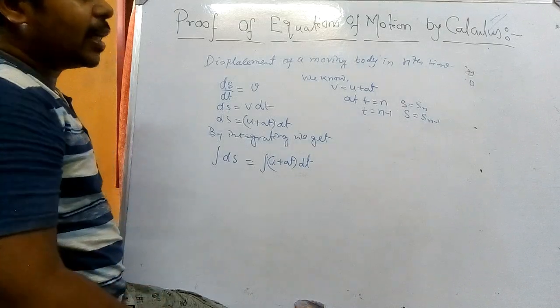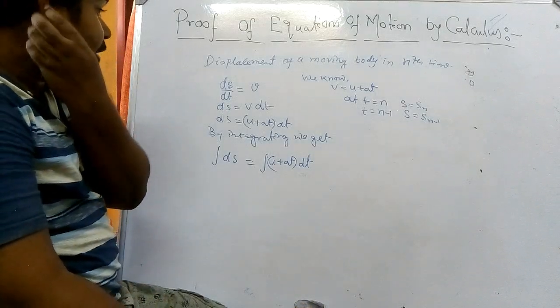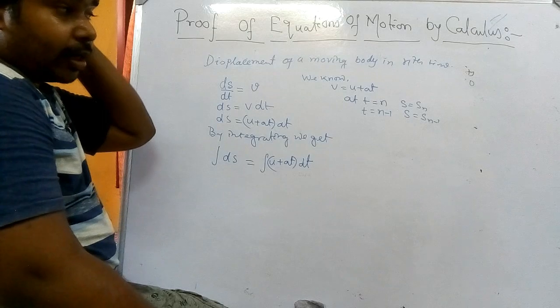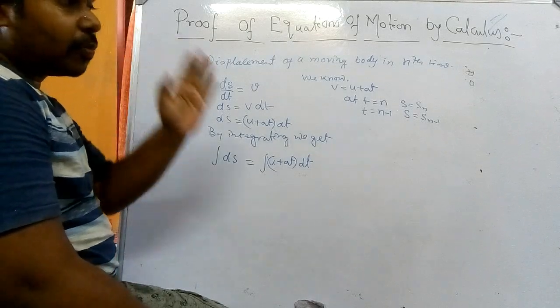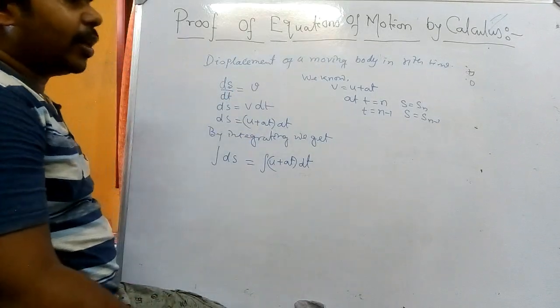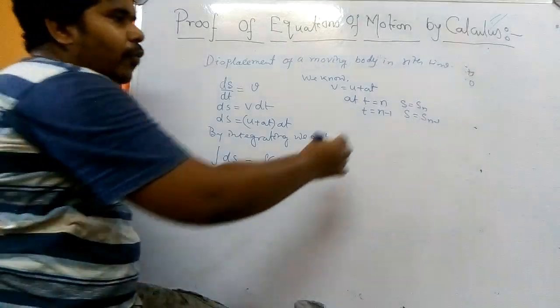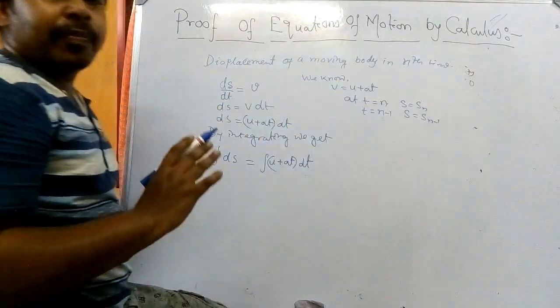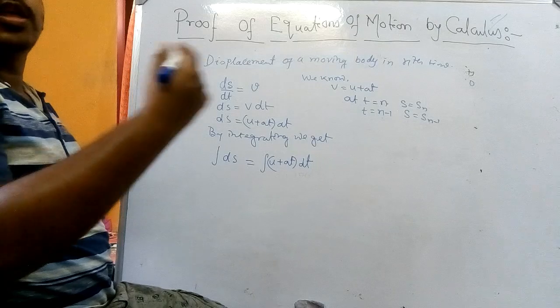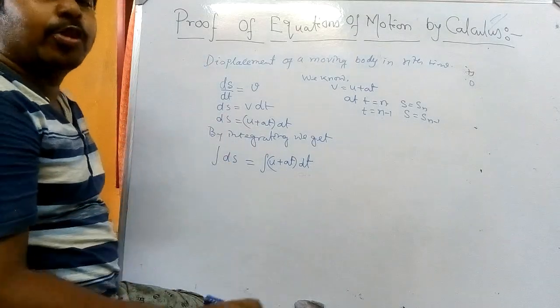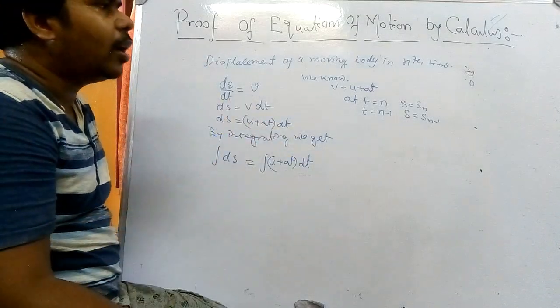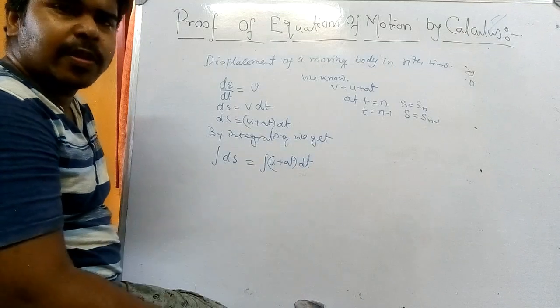So at time n, displacement should be sn, and at time n minus 1, displacement should be s of n minus 1. We want to find from n minus 1 to n how much the body displaces. That should be how much the body displaces in the nth time.